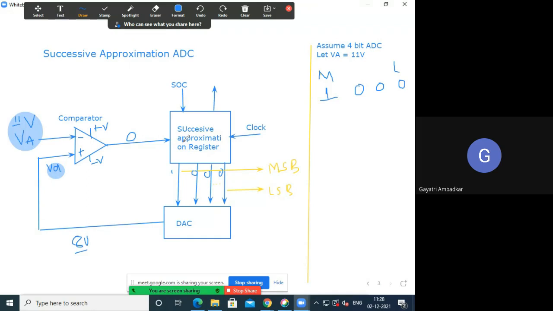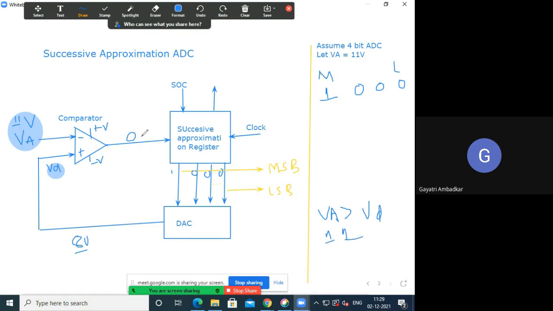When it has received 0, when analog voltage, how it affects actually, whenever VA is greater than VD, whenever VA is greater than VD, so it sets its next bit to 1.